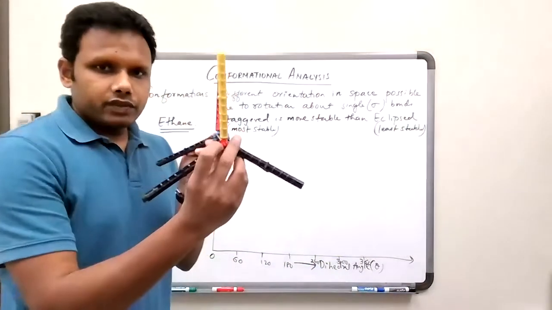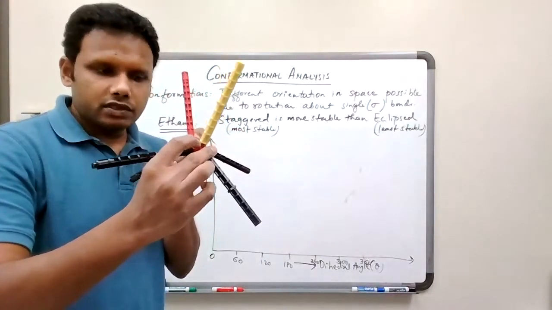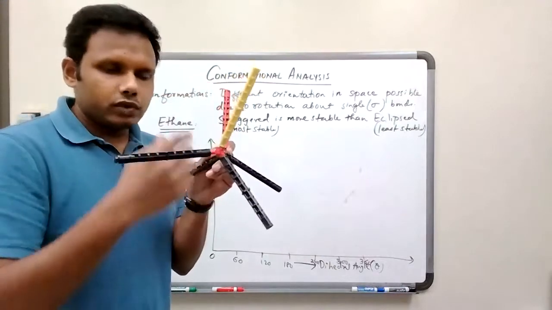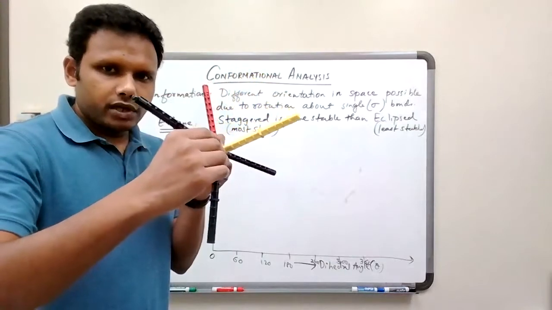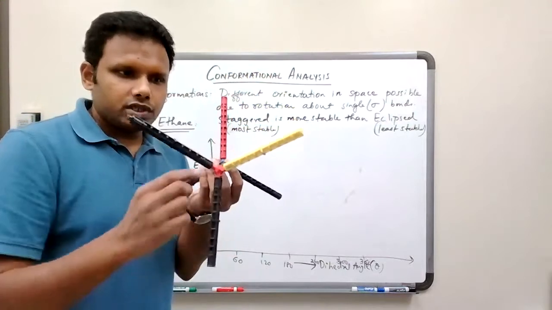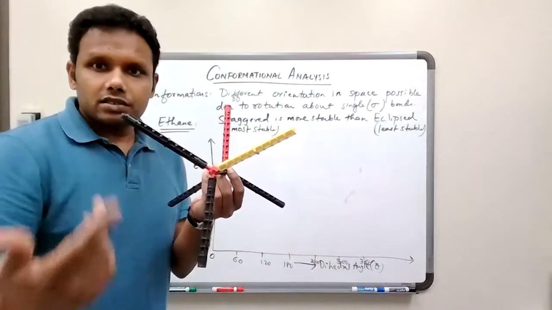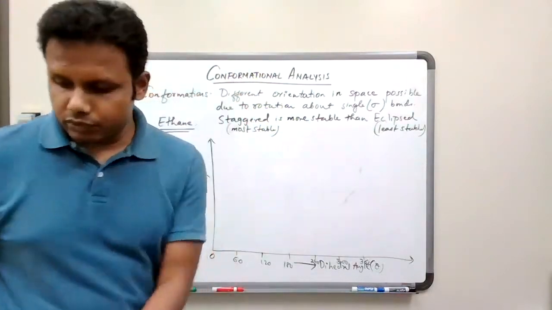So we start with the eclipsed, and as we move away from it, we are relieving some of that repulsion, or we are trying to build in that overlap between the sigma and the sigma star. So the molecule starts feeling better and better. It is feeling more stable, and we get to the staggered conformation, which is now a 60-degree bond dihedral angle, and this is very stable, relative to the eclipsed where we started.